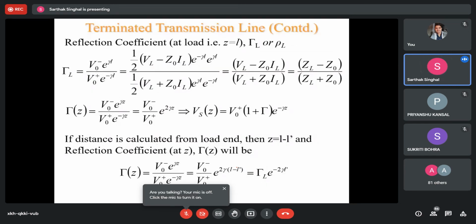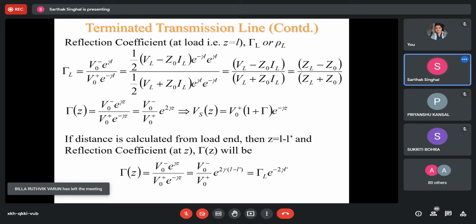Now, one more parameter is the reflection coefficient, which is the ratio of the reflected voltage signal divided by the incident voltage signal.